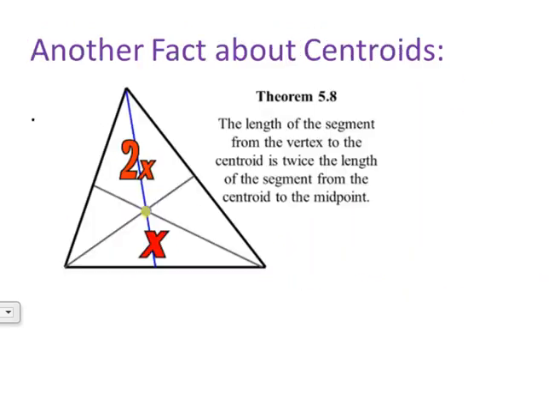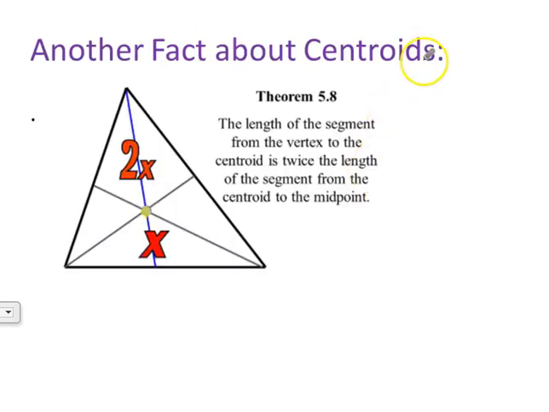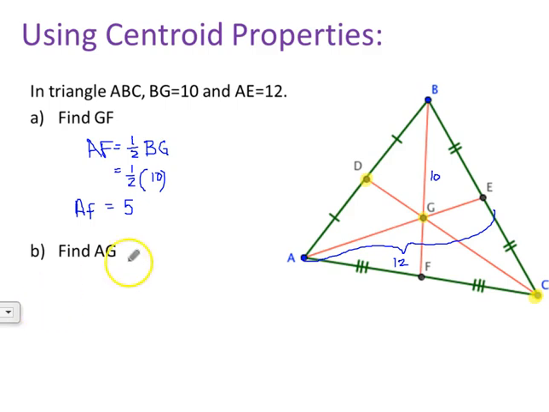Well, we can use this idea here, that the length of the longer segment from the vertex to the centroid is going to be 2/3 the length of the entire median. So we know that the length of A to G is going to equal 2/3 the length of the entire median.